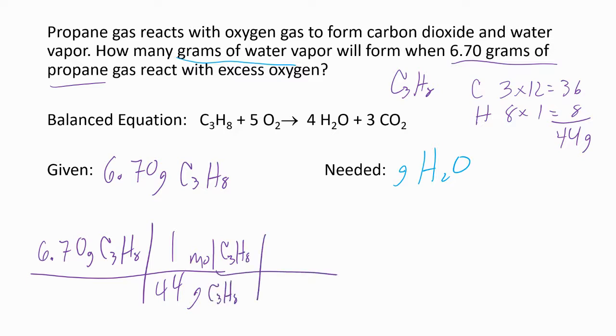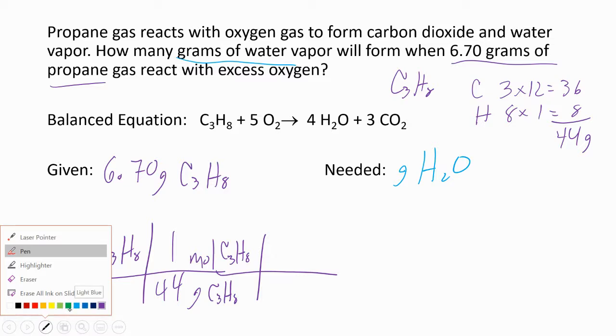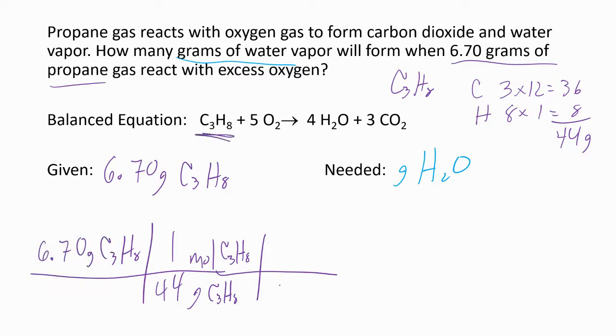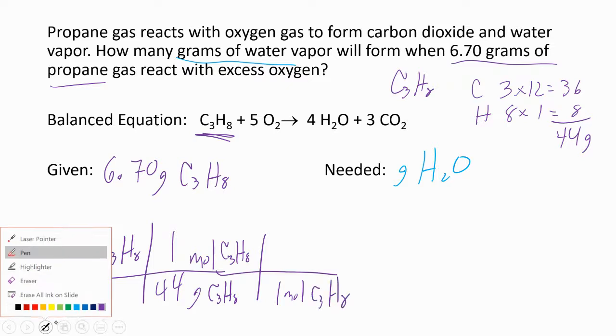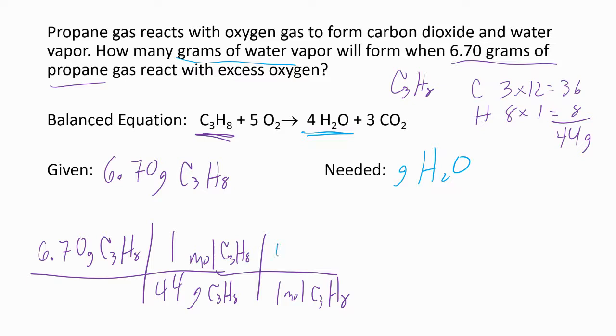Now we need to go to water. So we're going to need that balanced equation. For every 1 mole of C3H8, we need 4 moles of water. But we got to keep going to grams. So we've used the balanced equation. Now we got to go to the periodic table. For every 1 mole of water, hydrogen is 1, oxygen is 16.